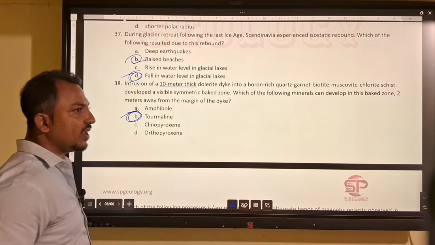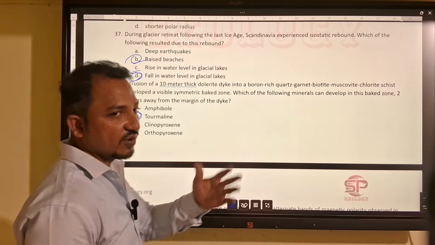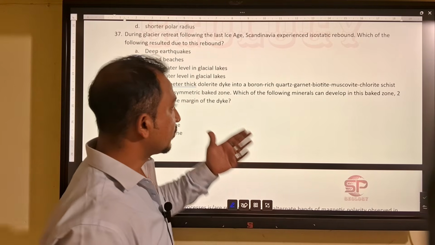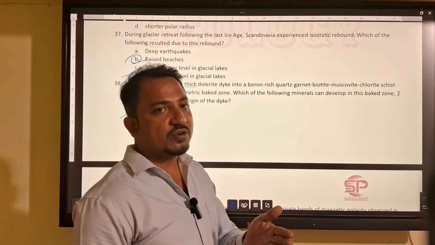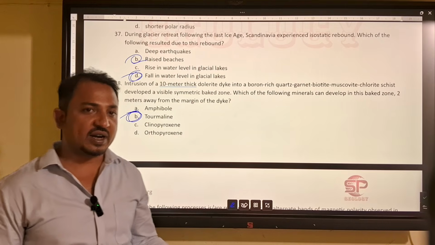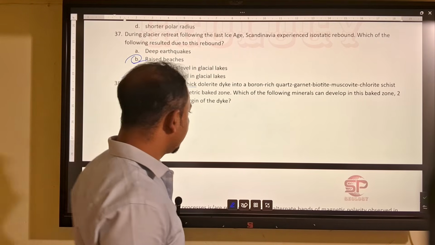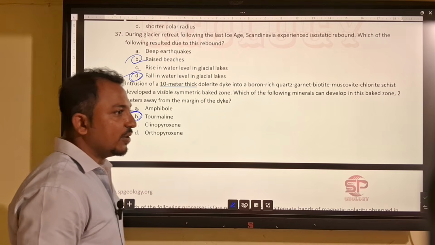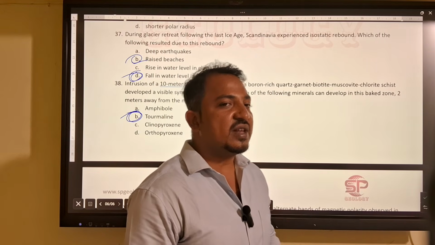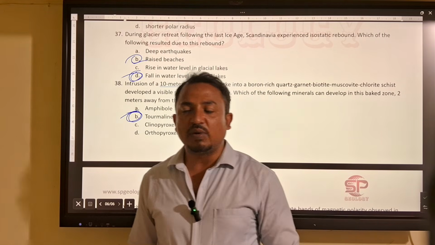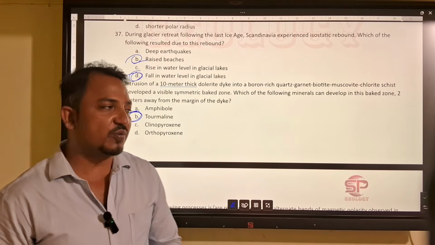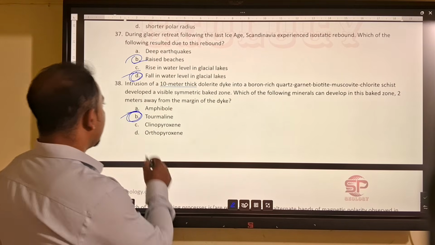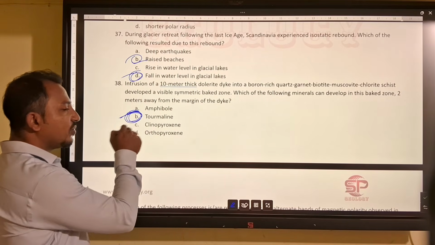All other options will not be correct; these are produced in different conditions. So always remember, boron rich fluid when metasomatized produces tourmaline. Always remember, MSQ does not mean more than one option will be correct. MSQ means one or more options will be correct. So only one option is correct here.